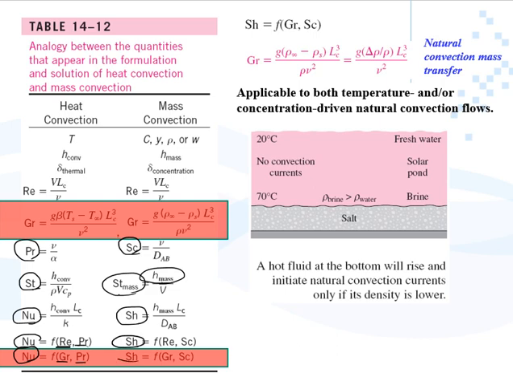Similarly, we can say that for forced mass convection, Sherwood number is a function of Reynolds and Schmidt, and for natural mass convection or convection mass transfer, Sherwood number is a function of Grashof and Schmidt.